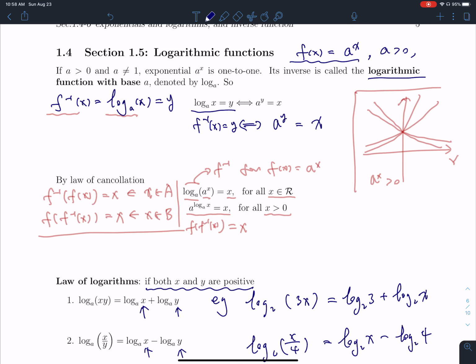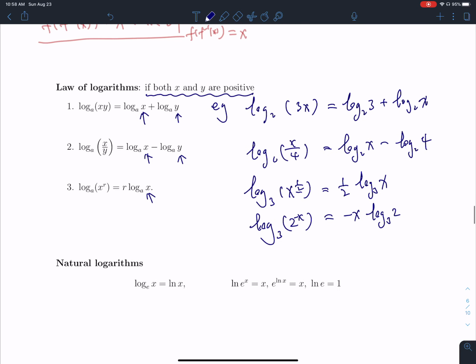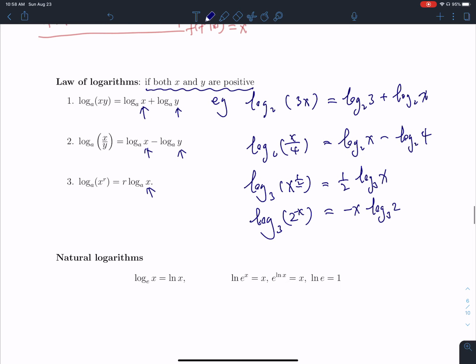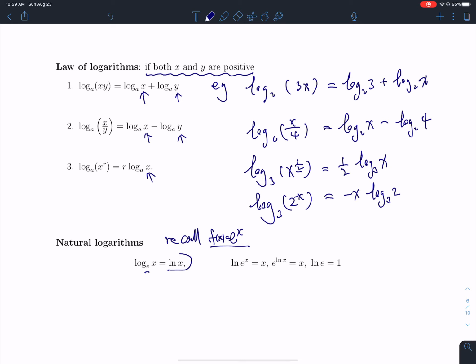But if we choose this base to be some special number, just like the natural exponential function, all right, so recall, the natural exponential function is e to the x, right? So corresponding to that, we have this natural log function, which means the base is indeed e, and we use this notation to simplify it.